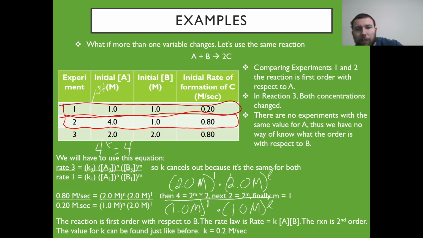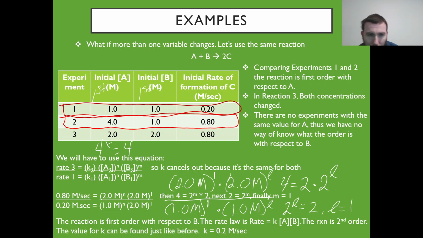Now, if you're following along here, we also have the rate where it was 0.80 divided by 0.20. That's 4. So what we've got set up now is 4 equals 2 times 2 to the L power, right? Now if we divide both sides by 2, we've got 2 to the L equals 2. So that means L equals 1. So that means that B is also first order.